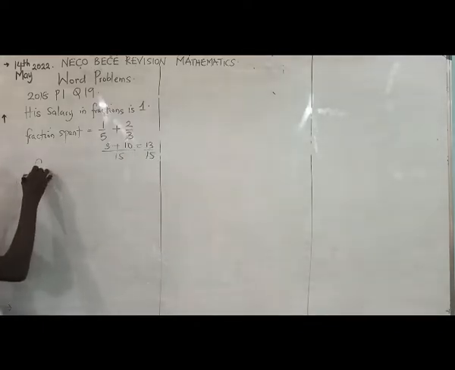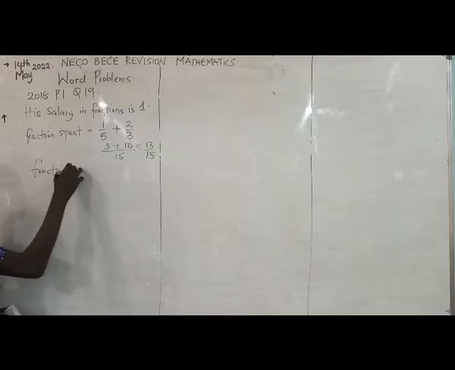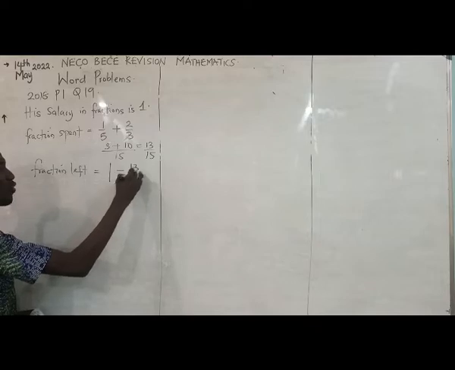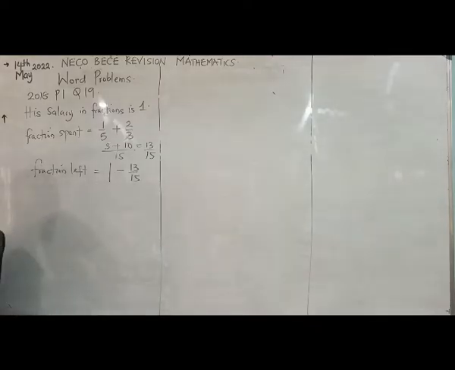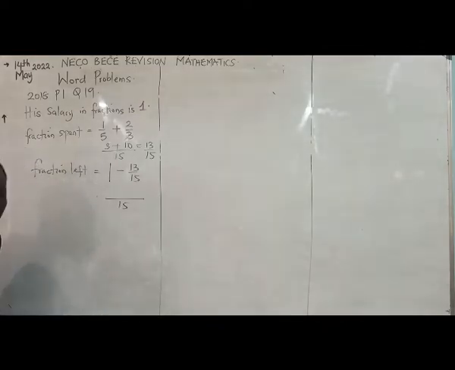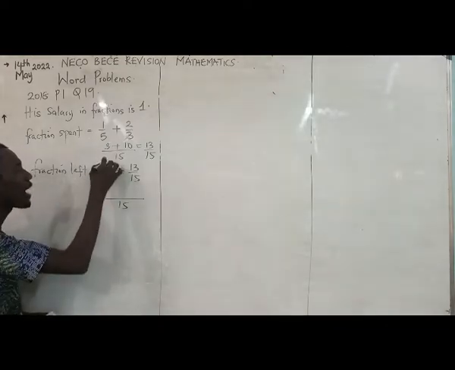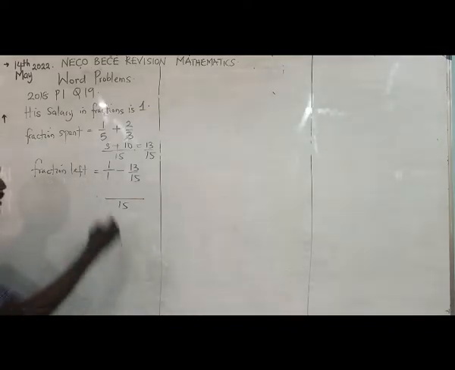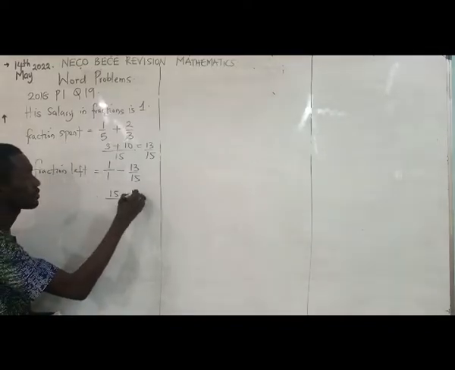So the fraction left will now be 1 minus 13/15. Remember that every whole number is over 1. So 15 divided by 15, 15 divided by 1 will be 15 times 1, 15, minus 13.